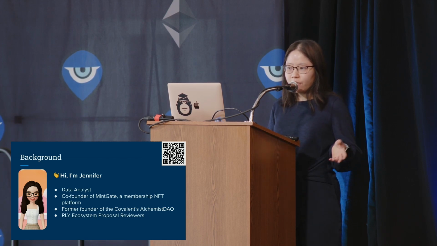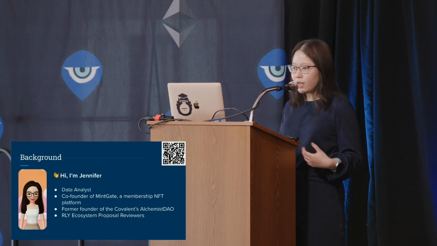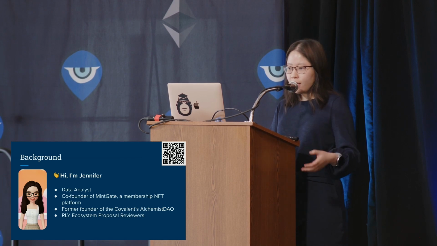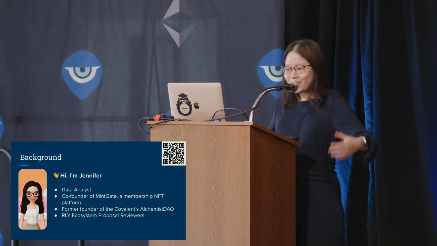I learned how to fetch or query through my first API using Covalent APIs. Covalent is a blockchain data API provider, actually based in Vancouver, so also Pacific Northwest.